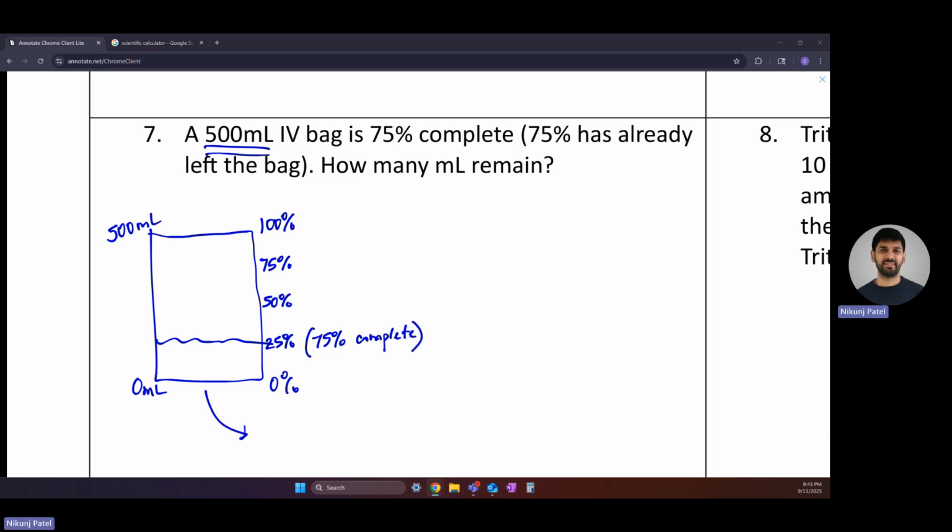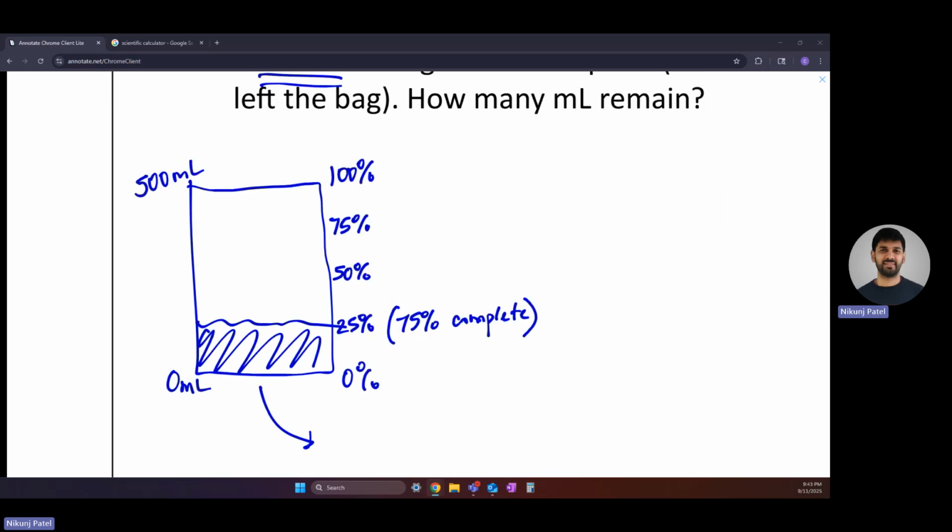So we're being asked how much is left in there. Well, 25% is left, but how many milliliters is that? We need to think about what these different marks would be on this bag. If we think about the halfway mark, that would be half of the 500, or 250 milliliters.